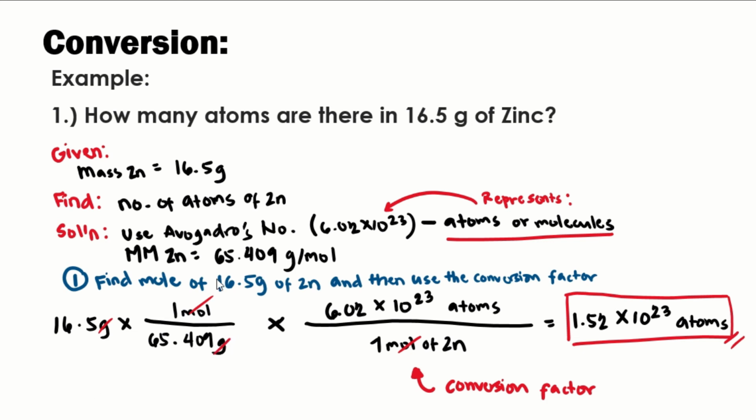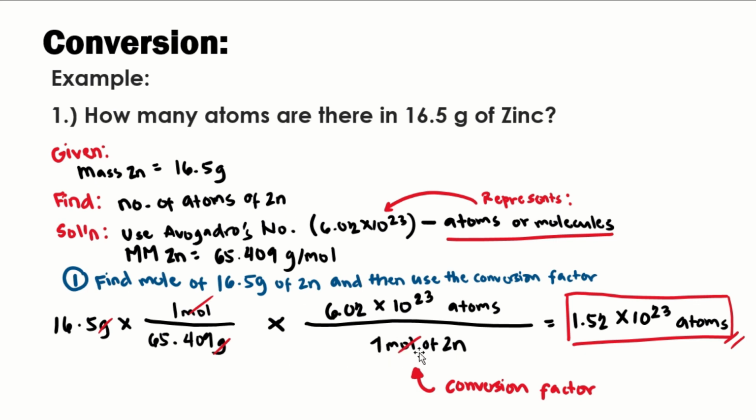Grams cancel, leaving the mole value, which we multiply by our conversion factor. Now, this conversion factor is reversible. The 1 mole can be on top or Avogadro's number can be on the bottom, and vice versa. For this case, we need the number of atoms present.